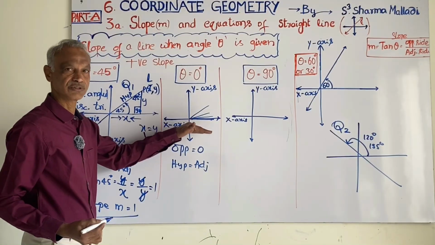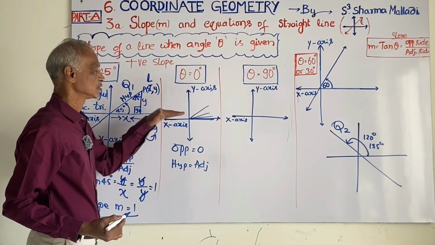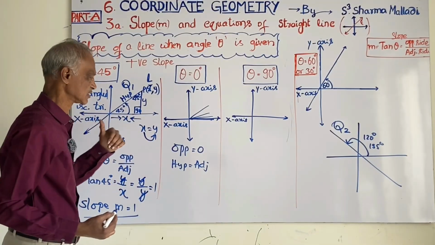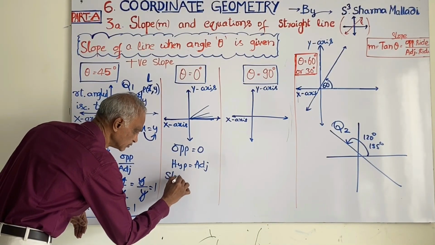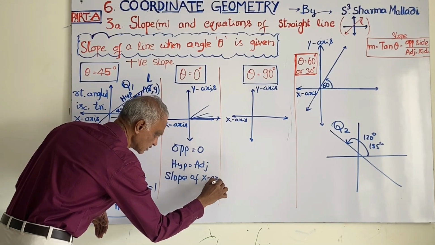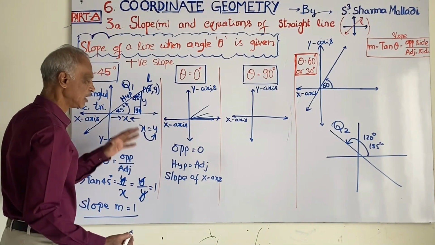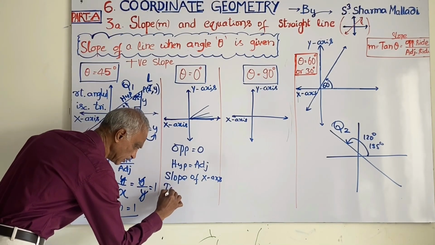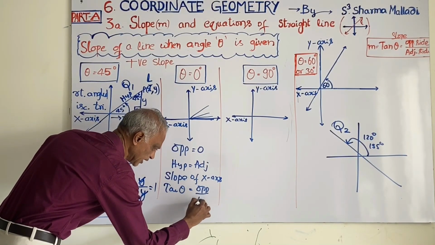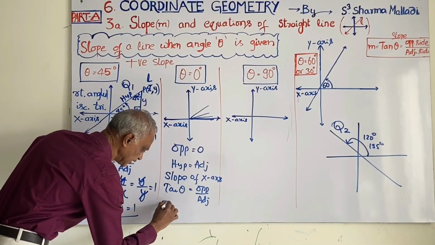When theta is equal to 0, what is the slope of this line? That is the slope of the x-axis. Now, what is tan theta? Tan theta is equal to opposite side by adjacent side. Tan 0.